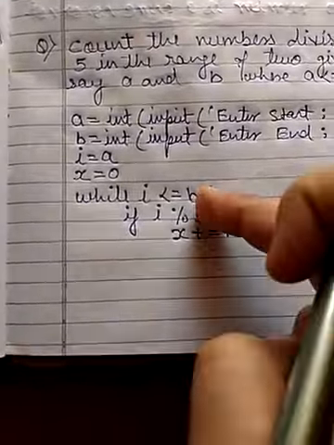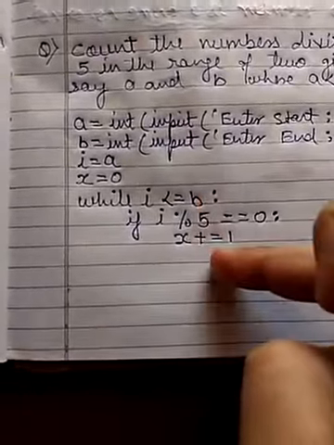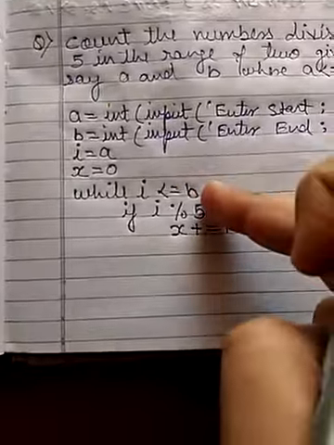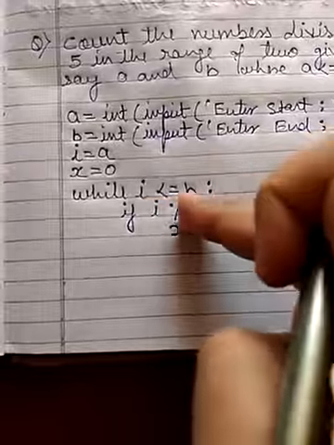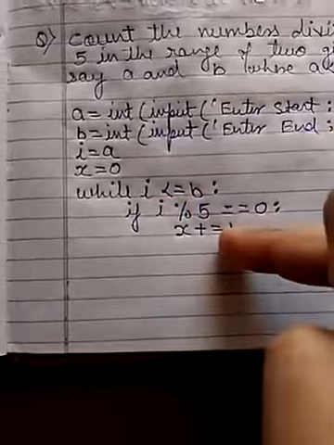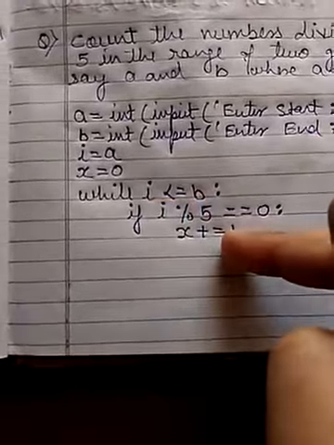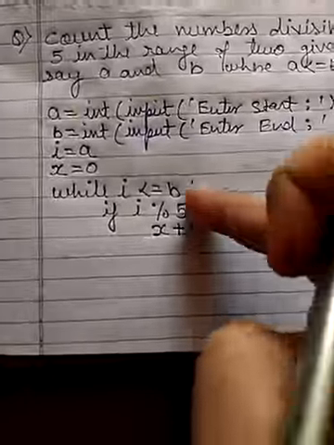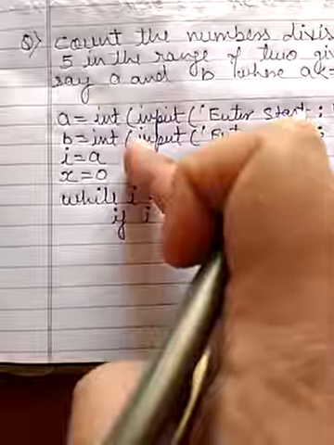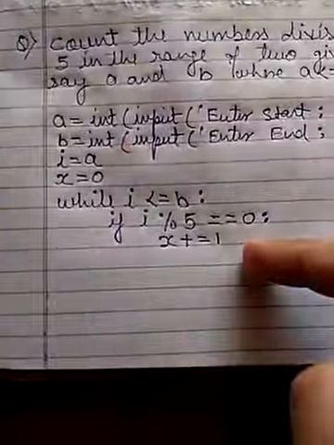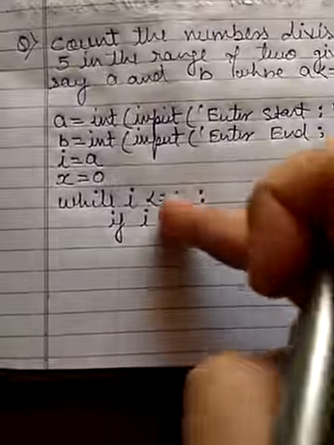Means when this condition is true, it will become 1. And whenever again this condition is true, it will become 2. Likewise, whenever this condition is true, this value will be incremented by 1. Technically, we call such a variable, for which the initial value is 0 and we are incrementing the value by 1, a counter variable.